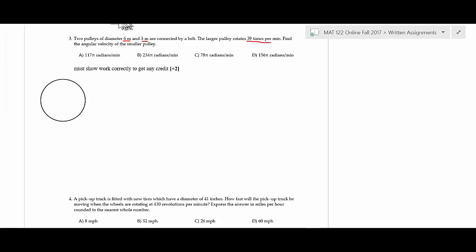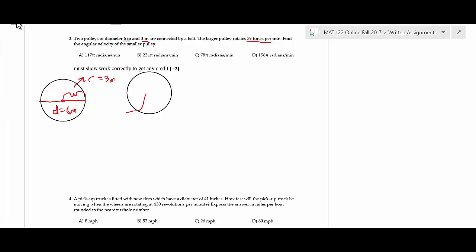So the first thing I have is a larger circle, and the diameter of that circle is 6 meters. So that means the radius, which is half of that, would be 3 meters. Okay, so we have that. Then we have the smaller circle.